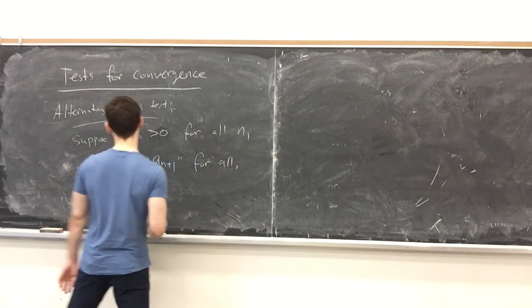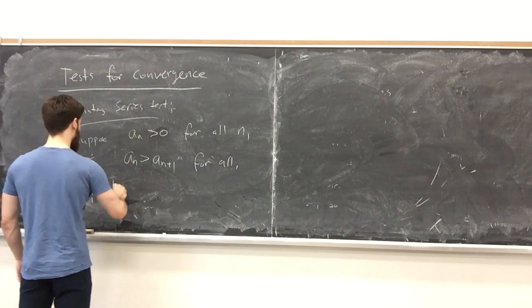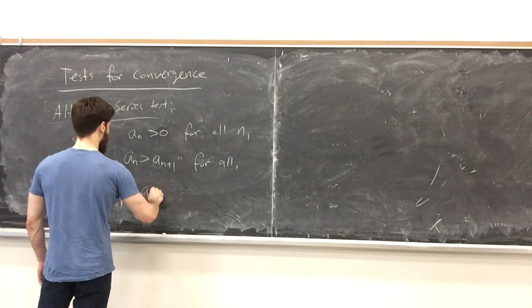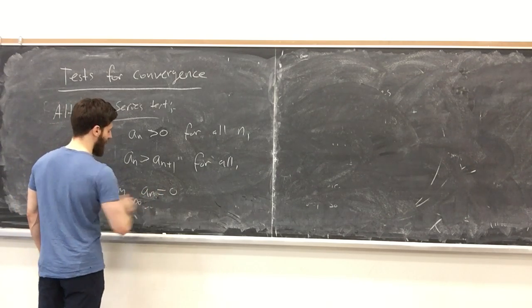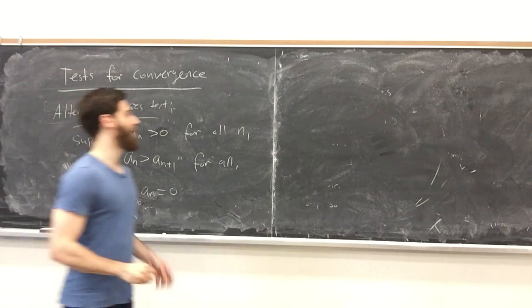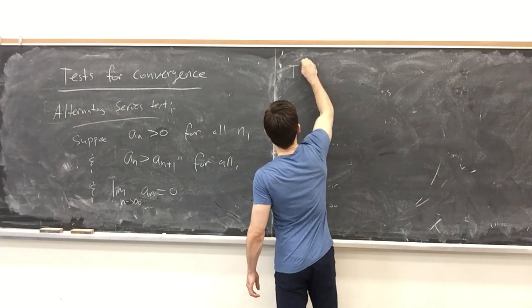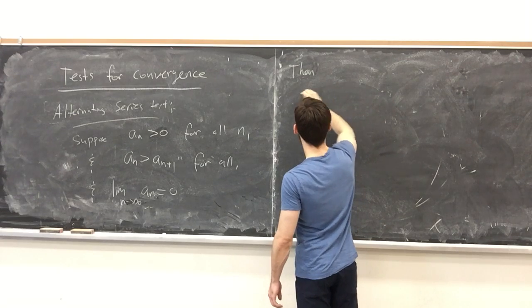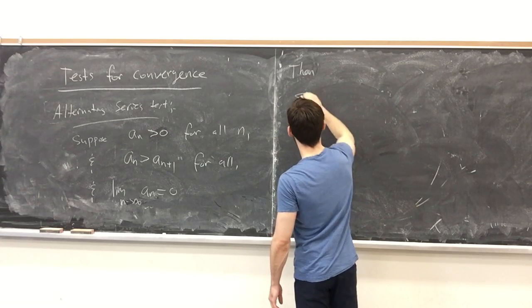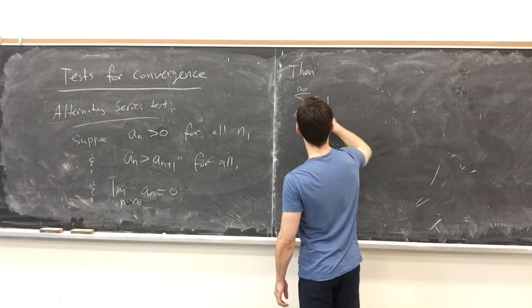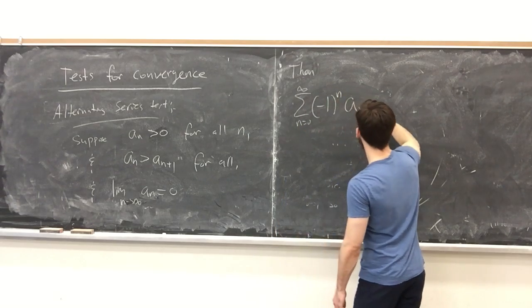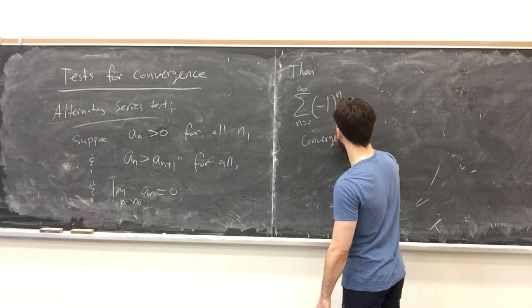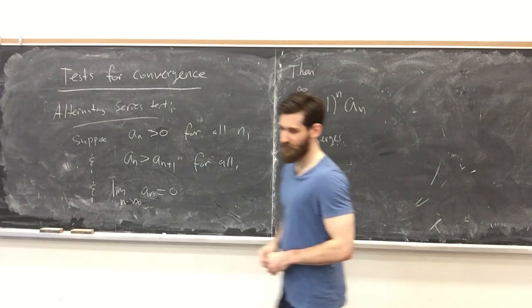And in addition, suppose that the limit of the sequence is 0. Then this alternating series converges.